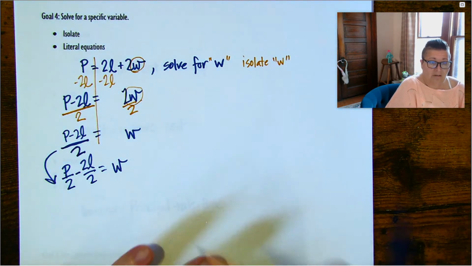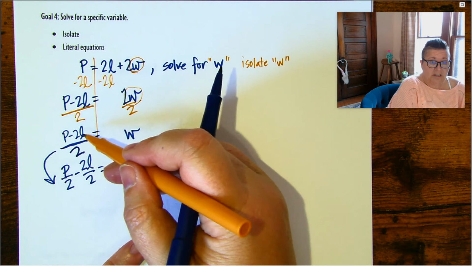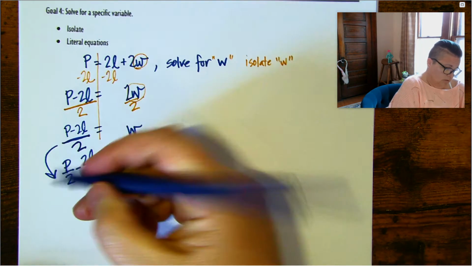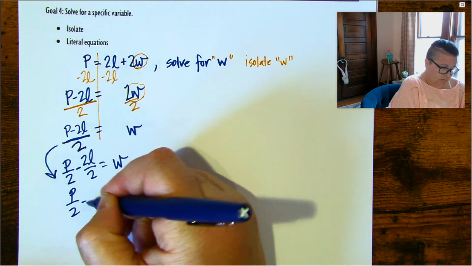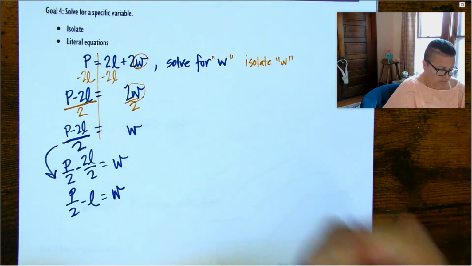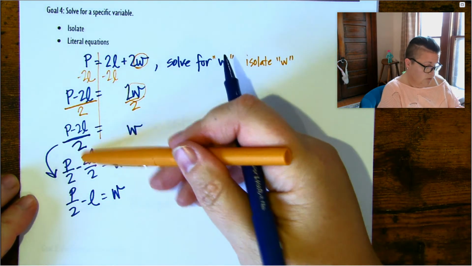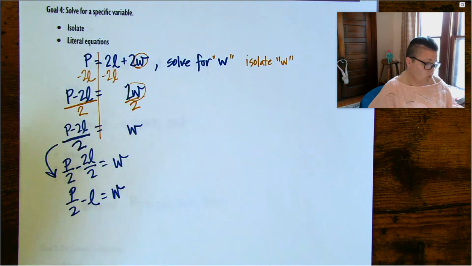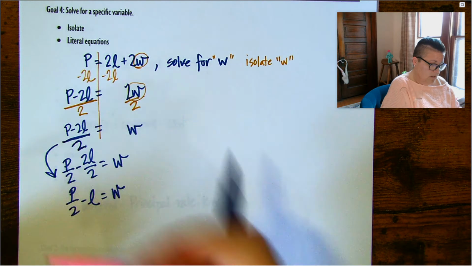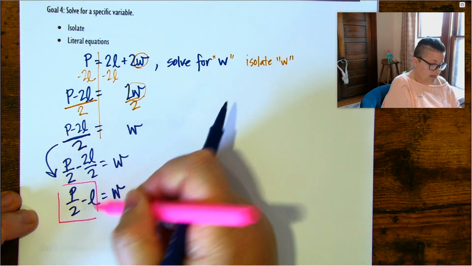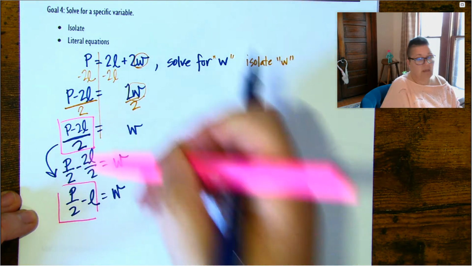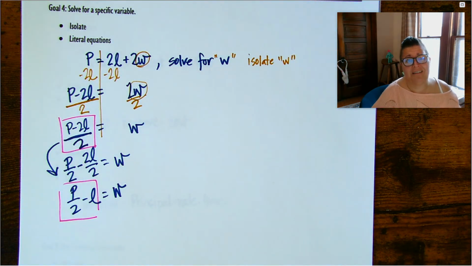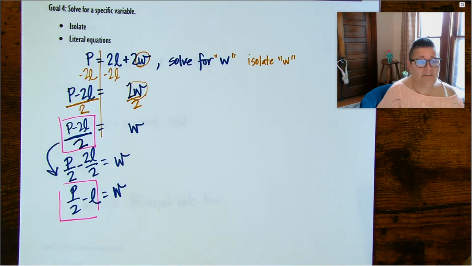I could split it and put it underneath each term, which would then give me P over 2 minus L equals W. Because those 2's would cancel and give me an L. So either one is okay. It just depends upon your instructor and the textbook, whether or not it's taking alternate formats.